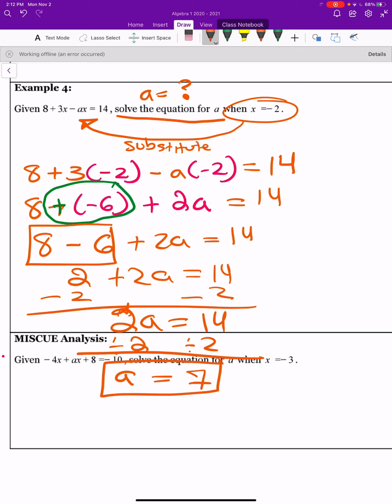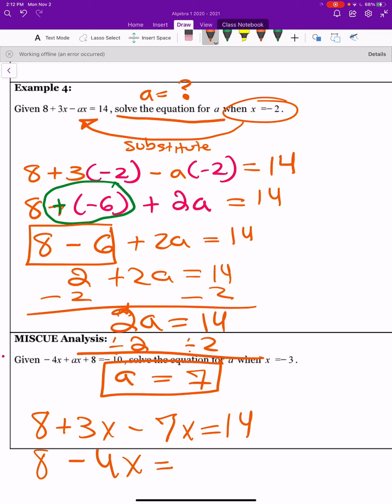So because a equals 7, solve for the equation for a. A equals 7, therefore my equation is going to be 8 plus 3x minus 7x equals 14, in which case 8 plus 3x minus 7x is negative 4x. Or we can rewrite it as negative 4x plus 8 equals 14.